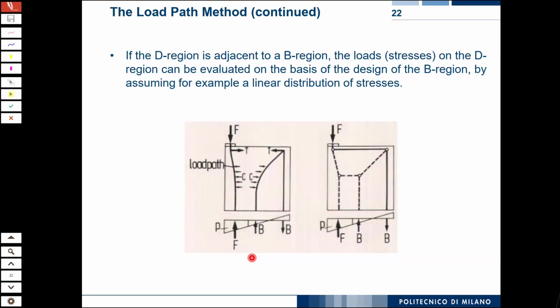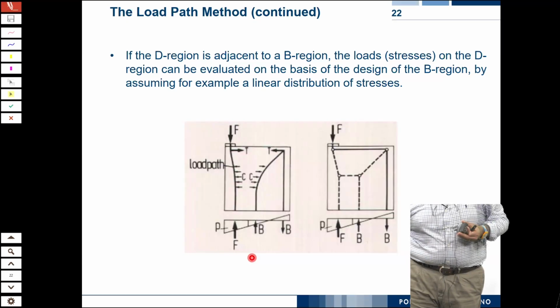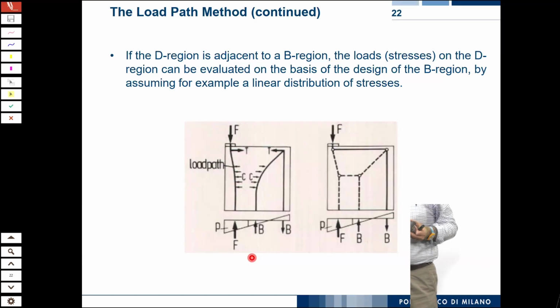You can think of this, and this is another interesting way. You remember, when you design a column for axial force and bending moment, what happens if you draw the interaction diagram? The interaction diagram first increases and then it decreases. So it means that when you have bending moment and axial force at the same time, your capacity is worsened.